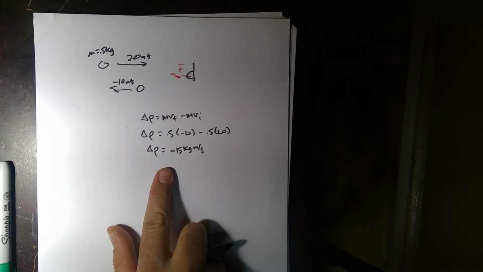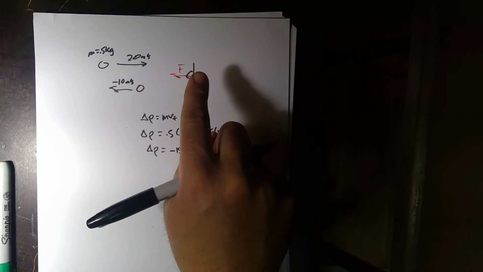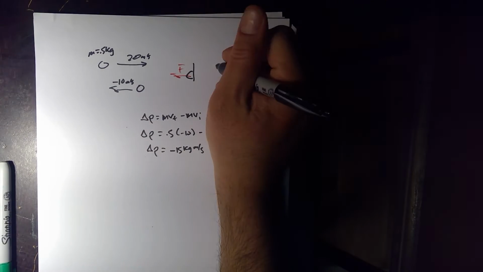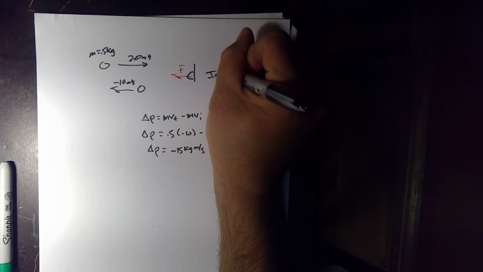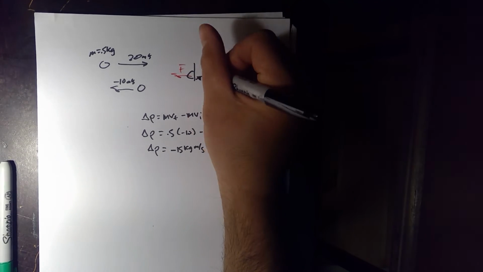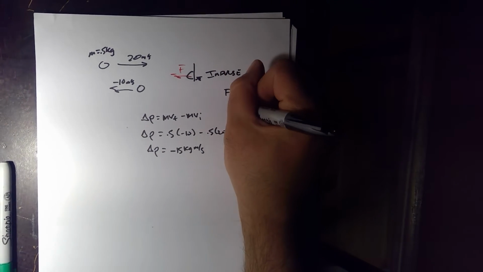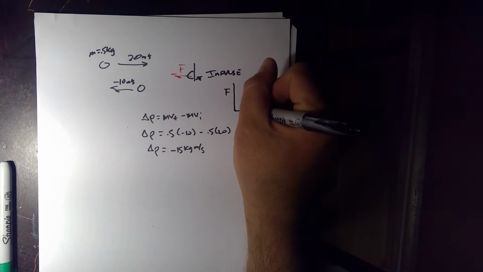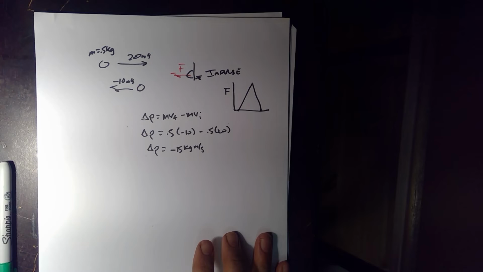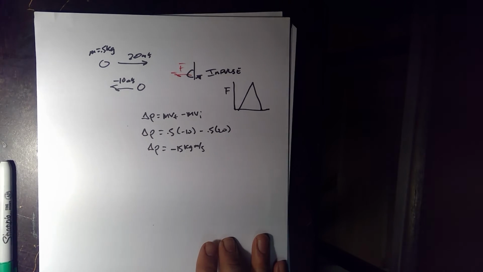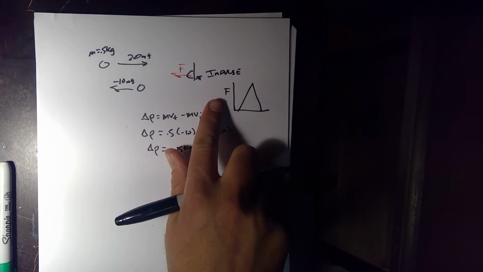All right, now, looking at that, some people have trouble making sense of what this really means. That event right there, where the object experiences a force, it also experiences impulse, because that force is going to take time. So there's impulse that occurs right there, and it's likely going to look something like this. It would be a force that grows and shrinks. And if I asked you to calculate J, some people would be like, how? I don't know F, and you know what?